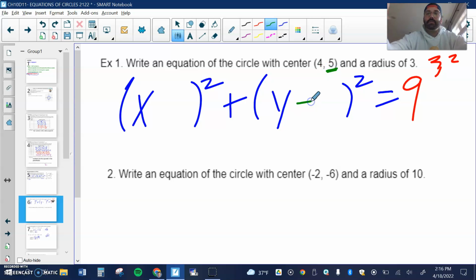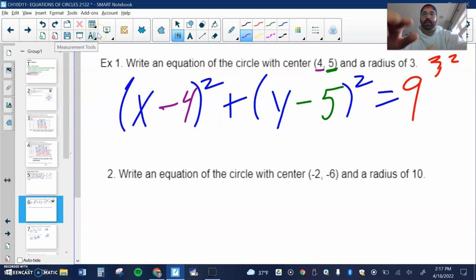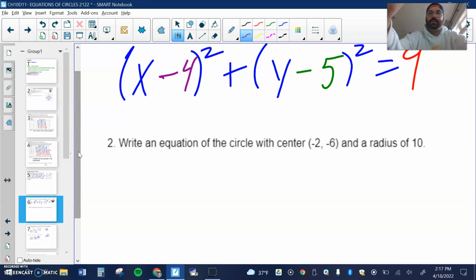Positive 5, so it's minus 5. Positive 4, so it's minus 4. So really, the standard form is minus h. If h is a positive number, if our x is our positive number, it just says minus whatever that positive number is. Think about when you subtract a negative, 2 negatives make a positive. That's why there's the sign change.